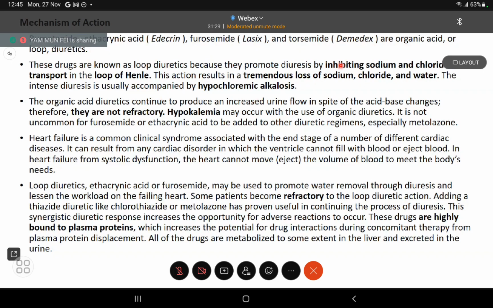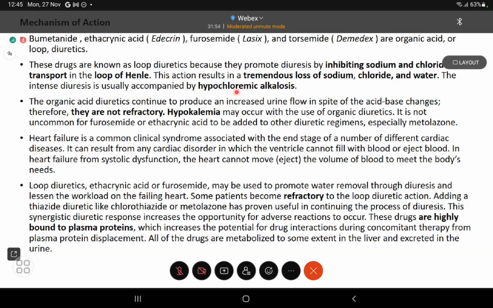So the mechanism is straightforward. They inhibit sodium chloride ion transport in your loop of Henle, so that may cause tremendous sodium chloride and water loss. Then this diuresis may come together with hypochloremic alkalosis straight away.